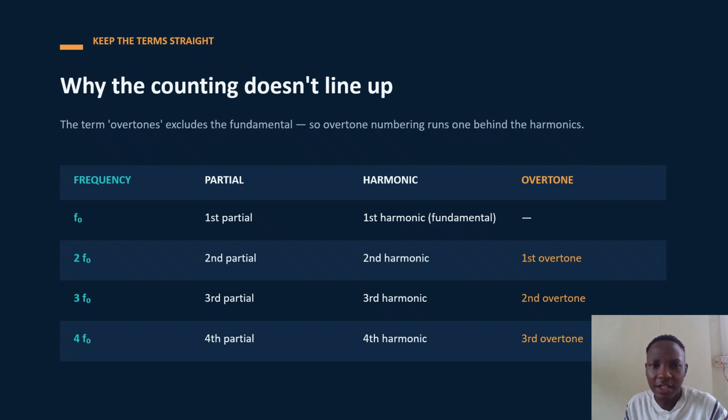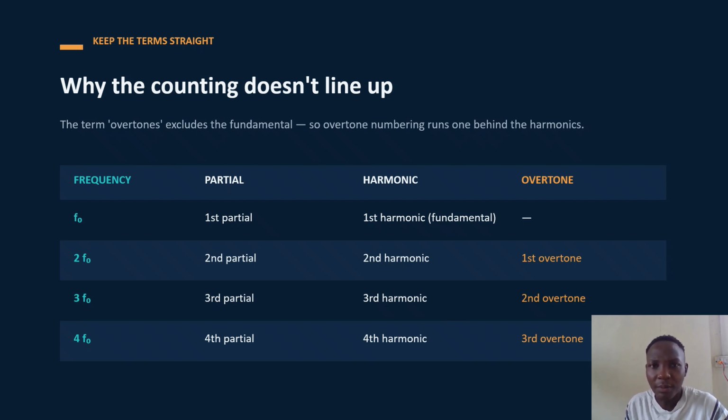You can read through this table. Across each row and column, you can see the mismatch clearly. The partials and the harmonics start counting at the fundamental, as you have seen in the frequencies, then the partial, the harmonic, then the overtone.